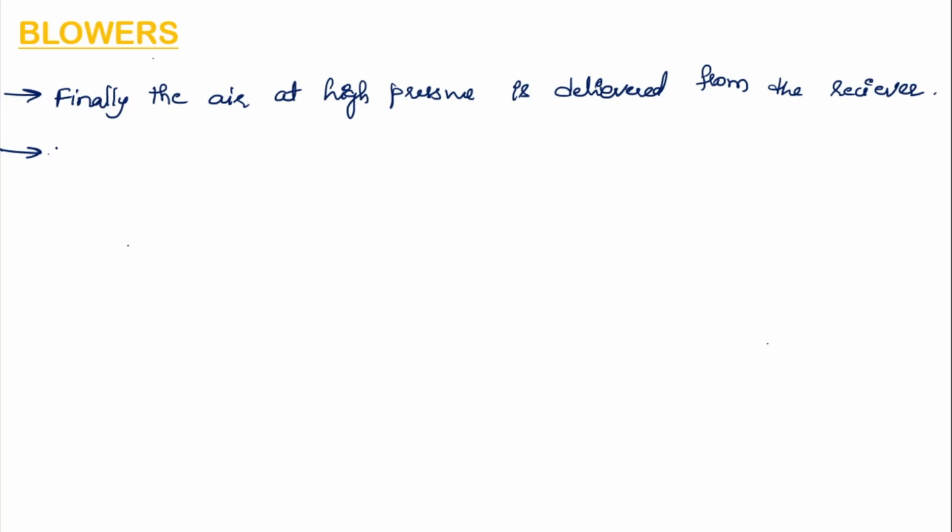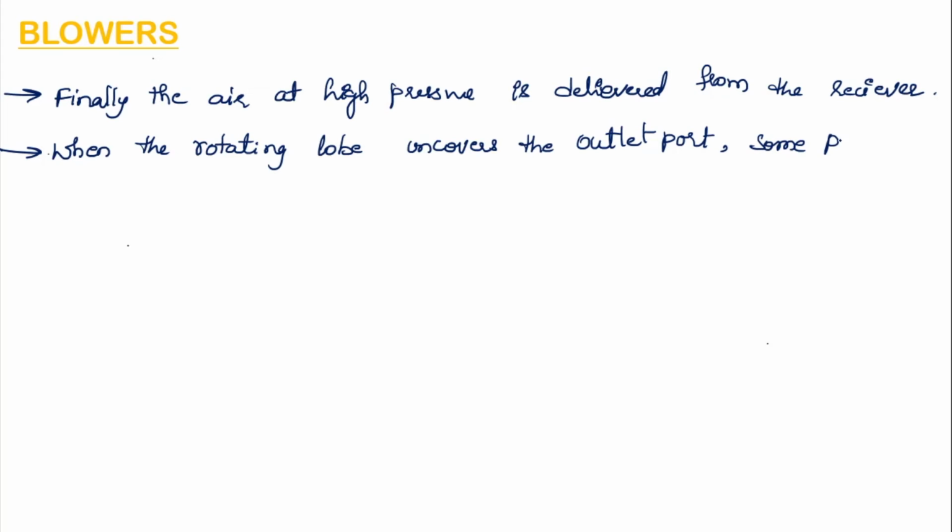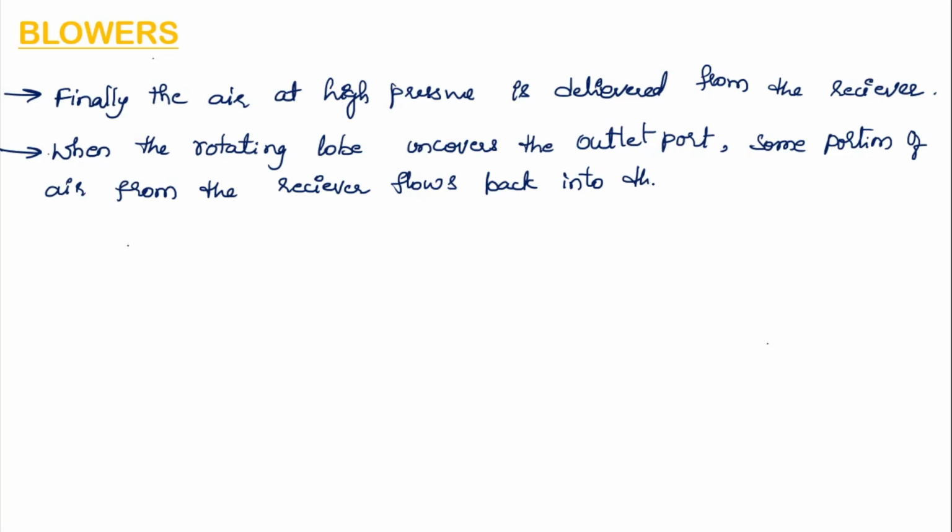So this process is termed as the flow back process or backflow process. When the rotating lobe uncovers the outlet port, some portion of air from the receiver flows back into the compressor, that is the compressor pocket.